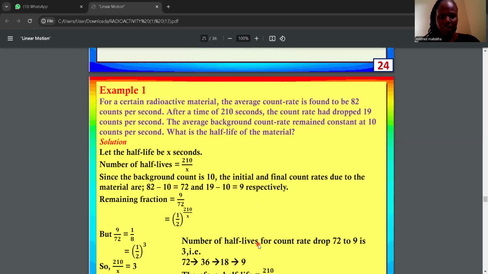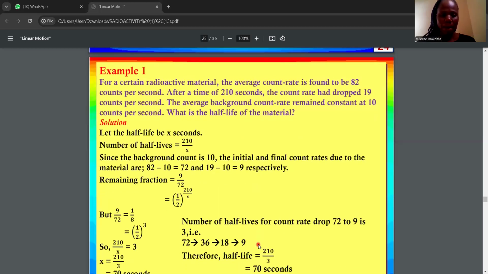So that is our first example. I want you to have a pen and a piece of paper so that we can do these calculations together.